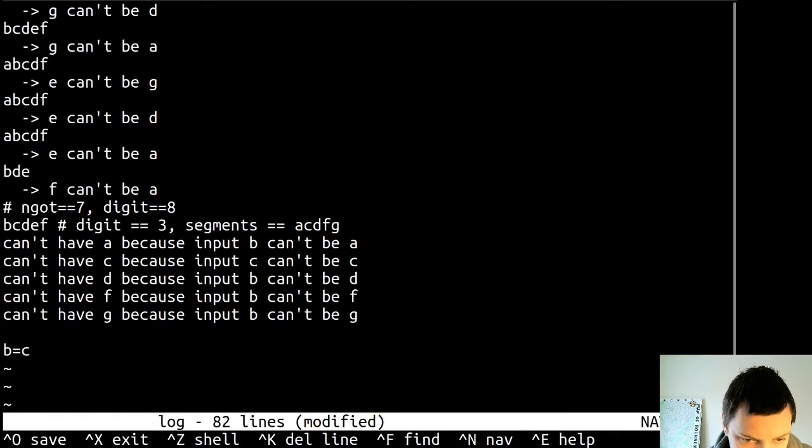Next one. Oh, hang on. We don't need all of them to be able to be the right digit. We just need any of them to be able to be the right digit.